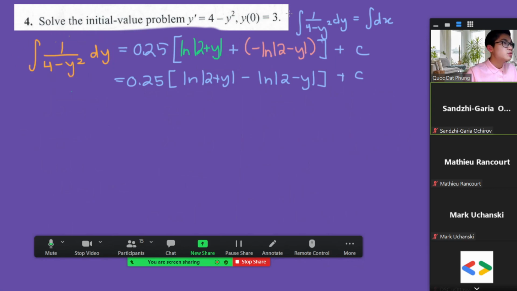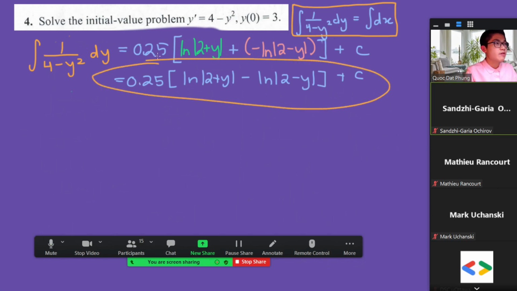And remember, this was our formula that we still haven't solved for. Okay, remember, we still have this one up here. So what we need to do is plug this and replace it with this one.